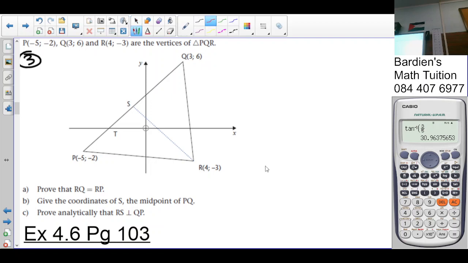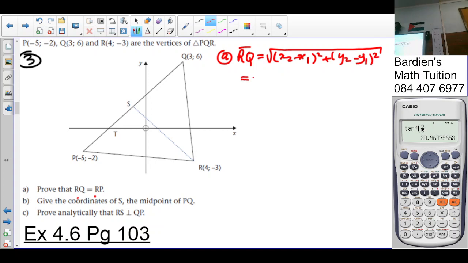The question says prove that RQ is equal to RP. So how are you going to do this? What are they referring to then? Distance. So for RQ, distance formula, which is the square root of x2 minus x1 squared plus y2 minus y1 squared. So it's QR.